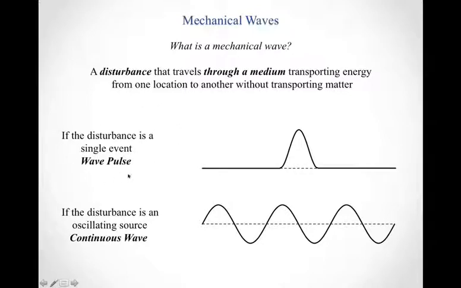If that disturbance is a single event, like what's pictured here, we have a wave pulse. And so you might watch this pulse, again, travel to the right. If the disturbance comes from an oscillating source, then you get a continuous wave. Here, as your source keeps vibrating up and down, you end up with a continuous wave that travels off to the right.